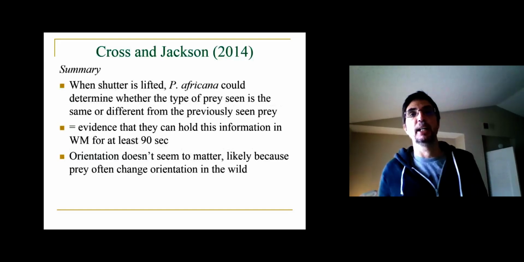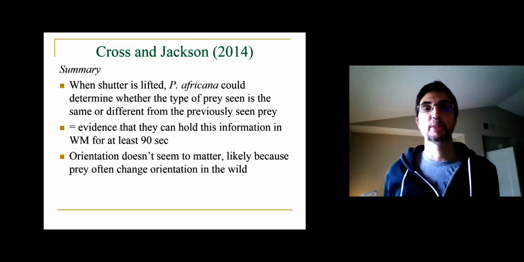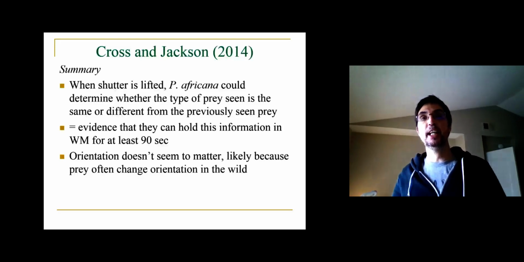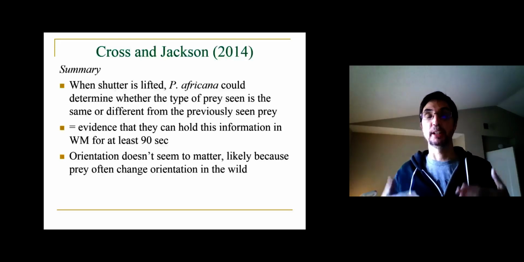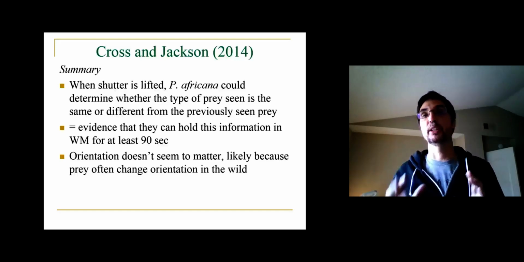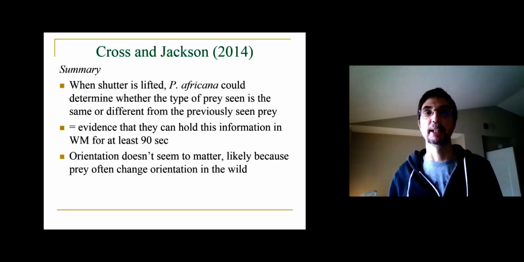All right, so let's summarize the experiment. When the shutter is lifted, the Portia spiders could determine whether the type of prey that's seen is the same or different from what they had seen in the earlier part of the trial. So they could tell whether it's the same spider that's presented or a different spider. And this affected their likelihood of jumping and attacking the spider.